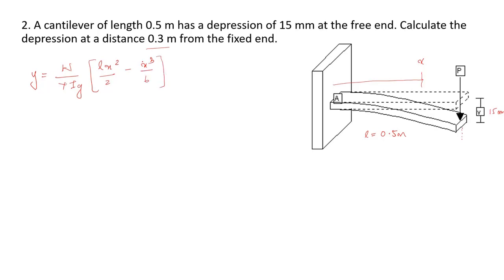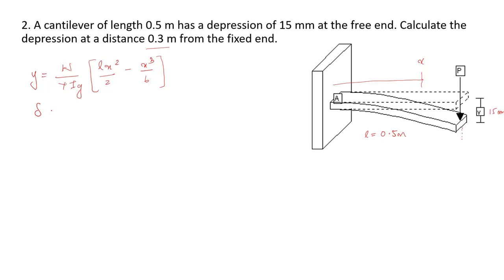And this will give us the depression at a distance x from the fixed end. But we do not have the values for W, Y or Ig. Instead, the question has given us another piece of information, that is the depression at the free end. It is said that the depression at the free end delta is 15 millimeter.